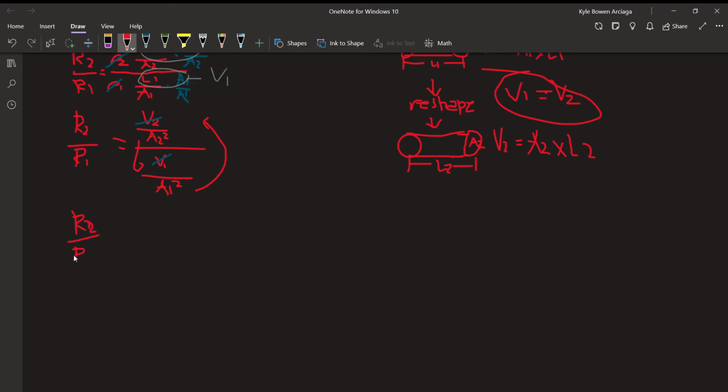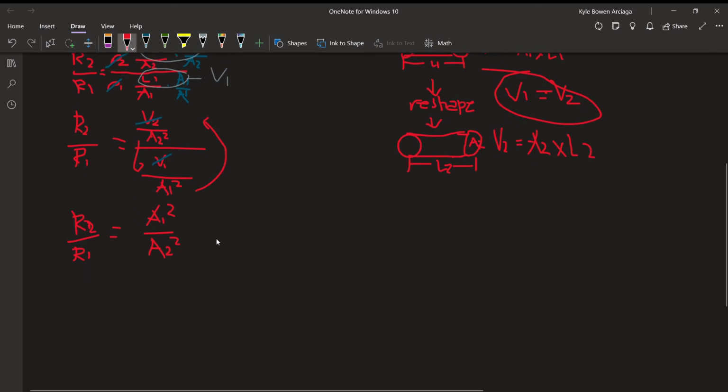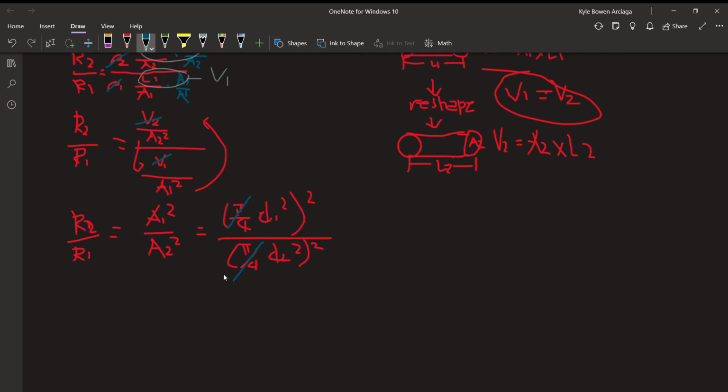R2 over R1 will equal A1 squared all over A2 squared. Since the cross-sectional area of a circle can be obtained in terms of diameter, that is d1 squared times pi over 4, all over pi over 4 times d2 squared, you can cancel out the pi over 4 when you simplify it.